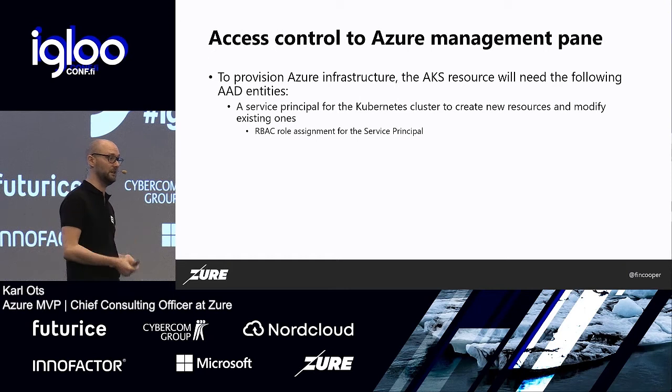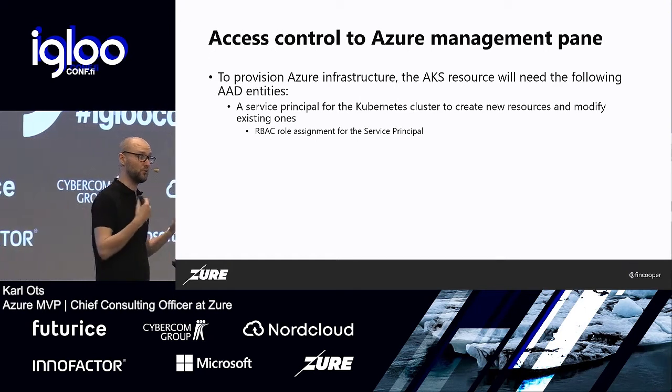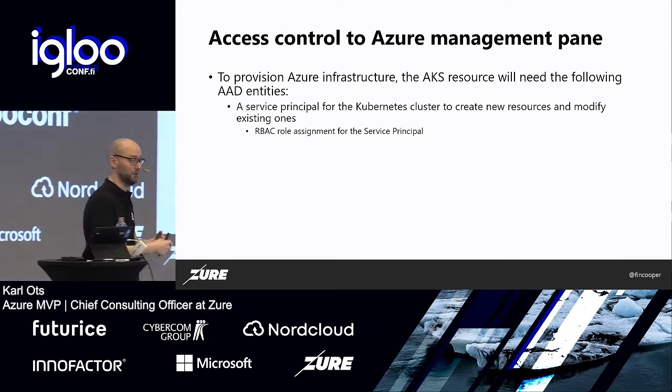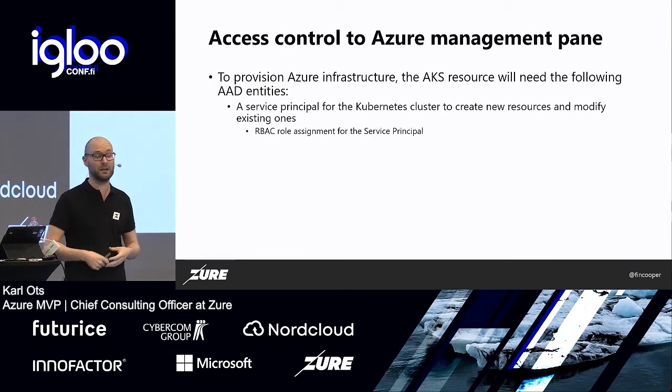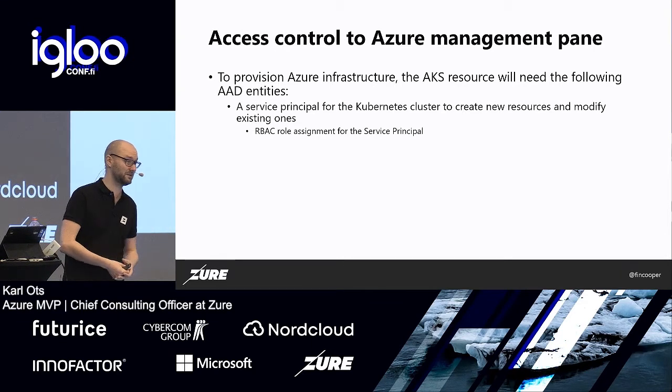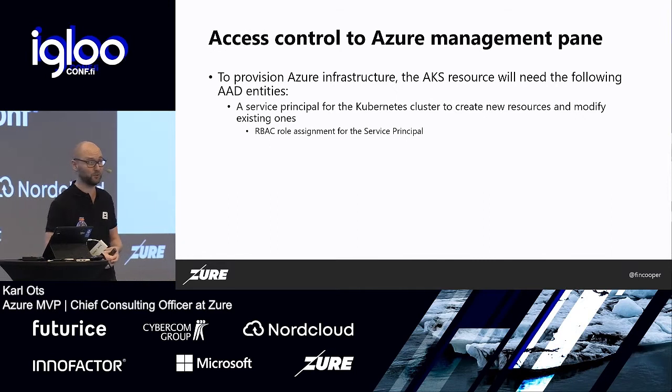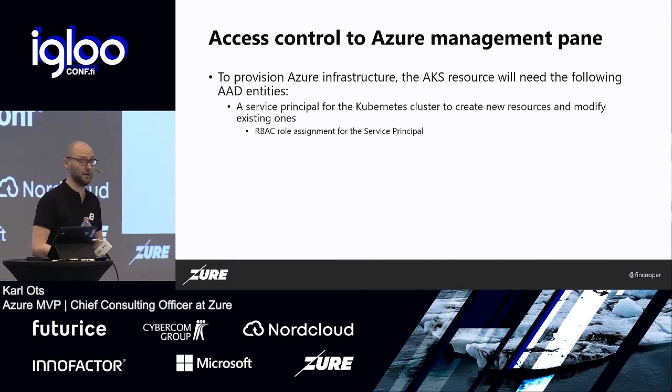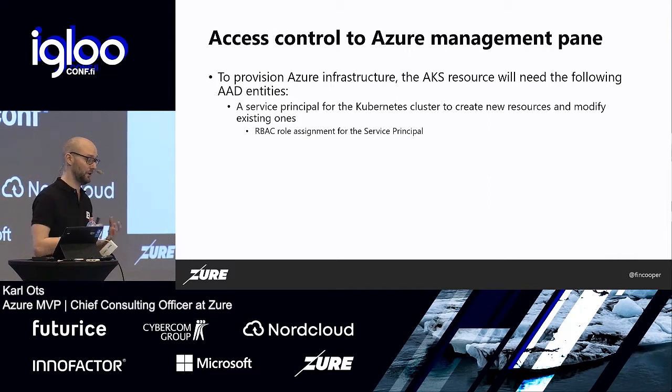So they essentially need maybe contributor level access to that environment, where they will be creating and deleting disks as needed, creating new network-related items in Azure resource groups, and maybe even connecting to an existing network as well.